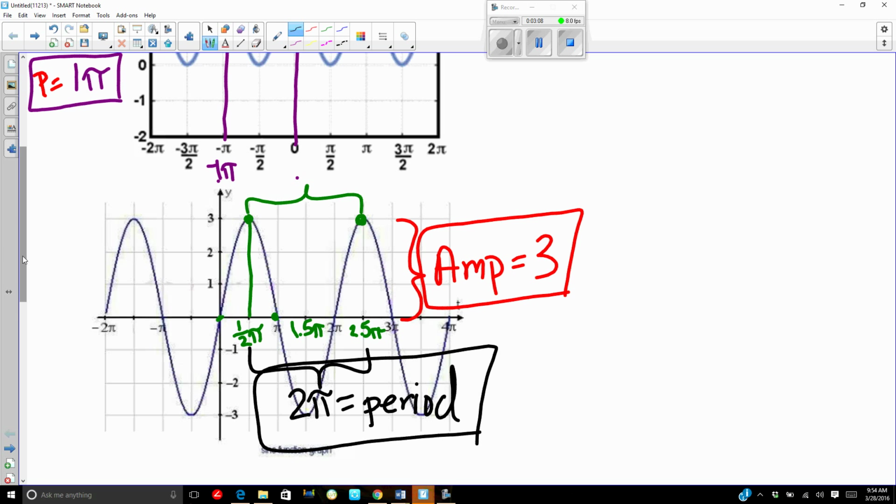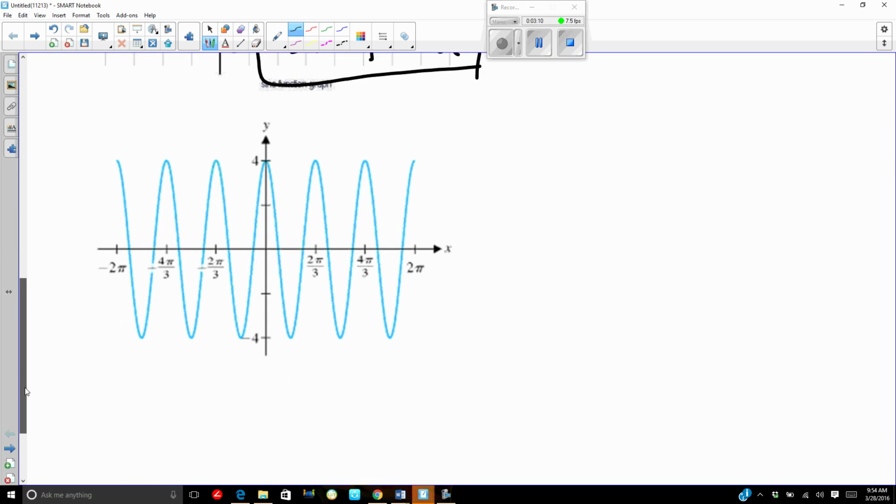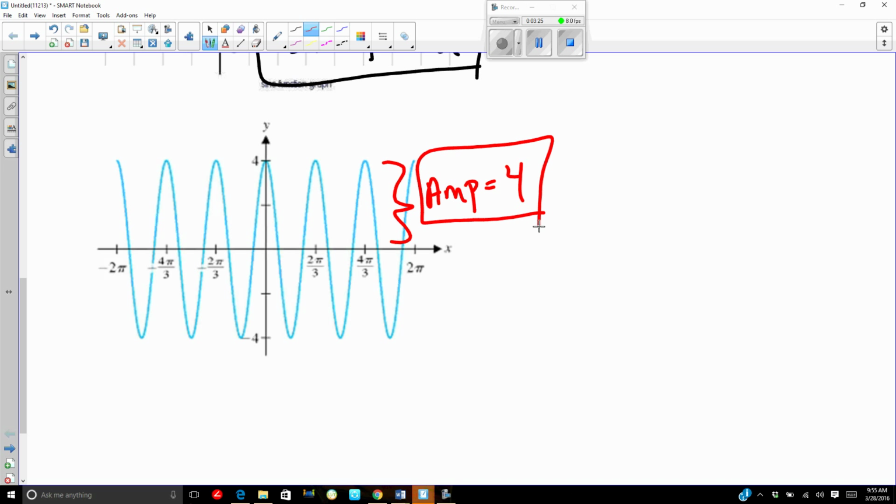So that's period and amplitude. If you have any questions, let me know. Real quick, one last one. Find the period and amplitude of this graph. Again, the amplitude we can find pretty quickly. It's the height from the midline. So the amplitude you should have gotten was 4. And the period is the distance from this point to this point.